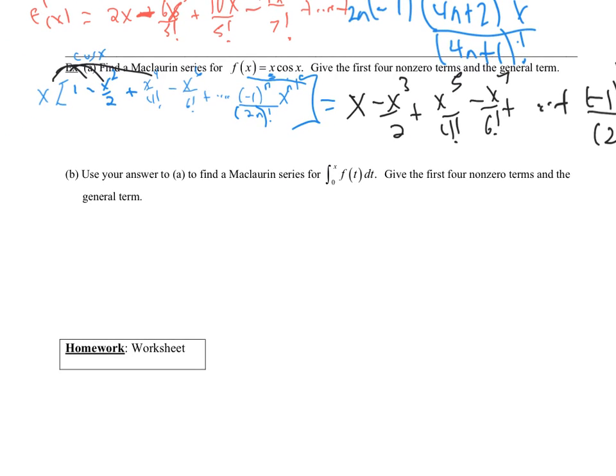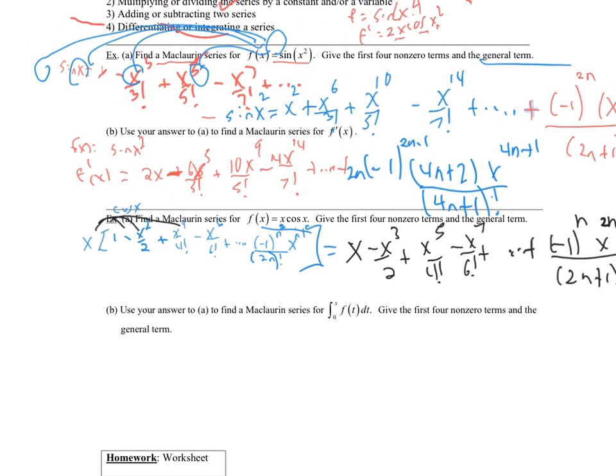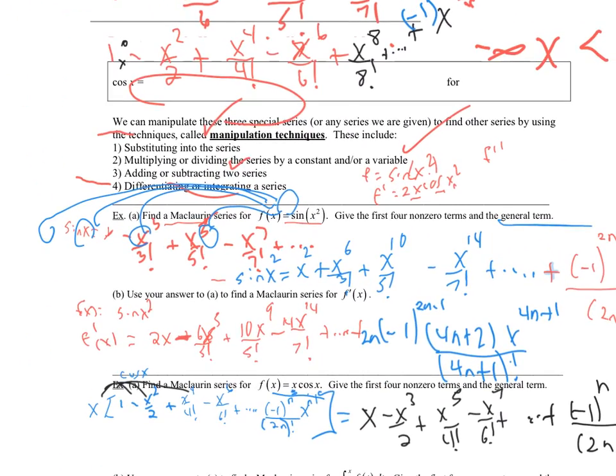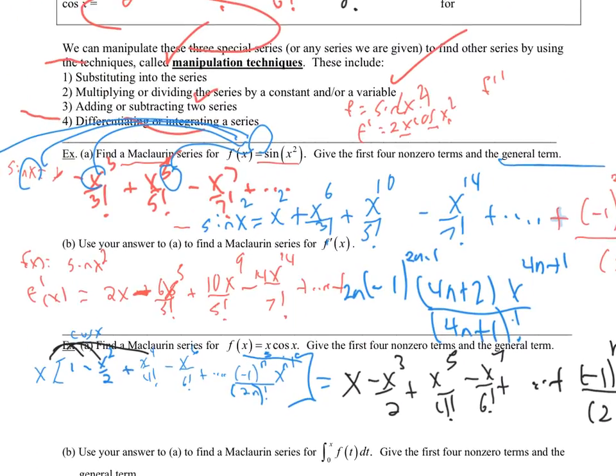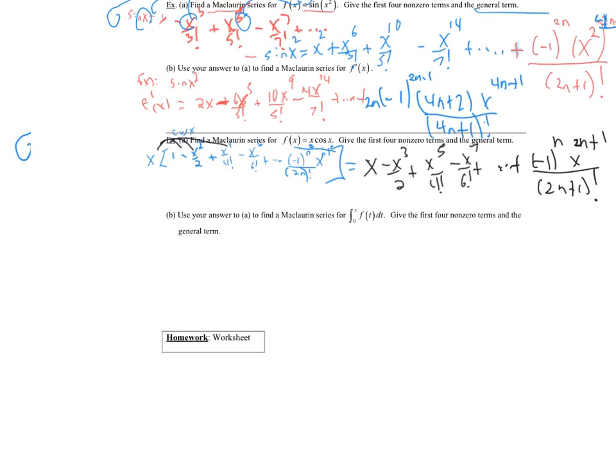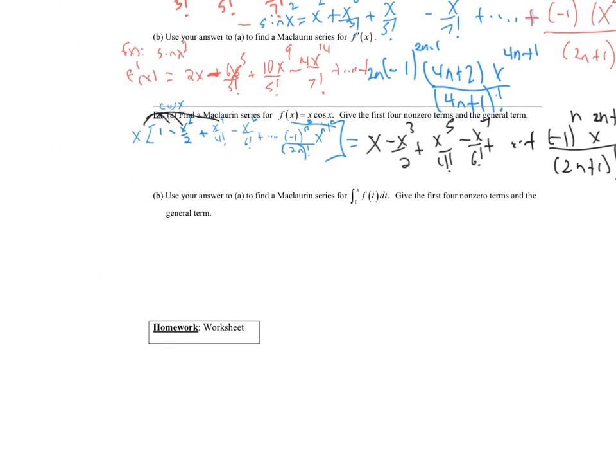Last but not least, use our answer for A, again, which was the cosine, I believe, right? Keep forgetting. No, A was sine of x squared.